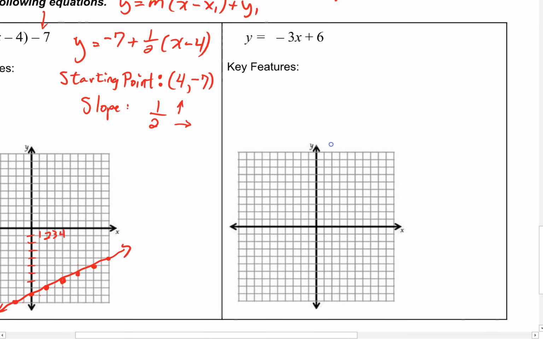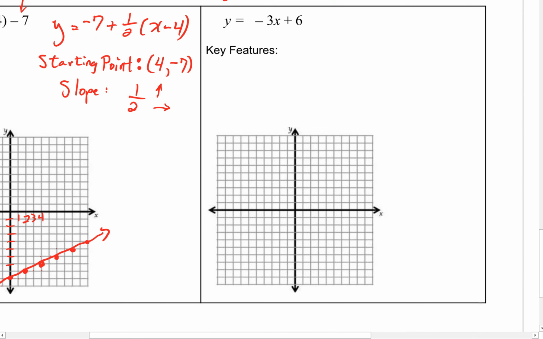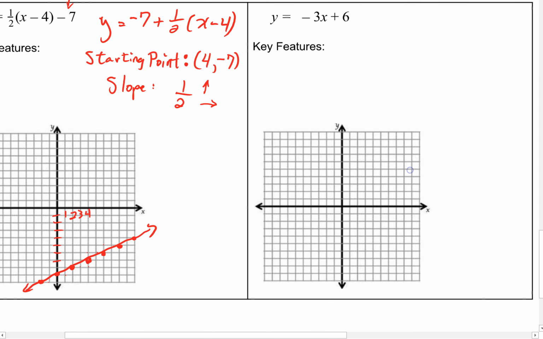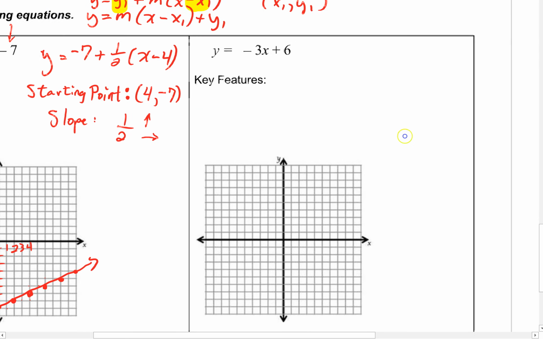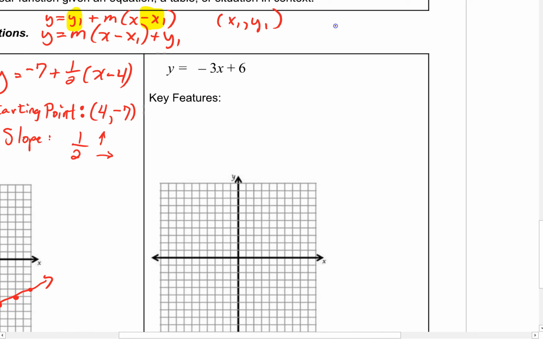As we finish, you're going to see that y equals negative 3x plus 6 for our final problem looks very much like y equals mx plus b, or y equals b plus mx, as we could also write it. This is your slope y-intercept. And this is where, of course, we'd have a starting point of 0 comma b.